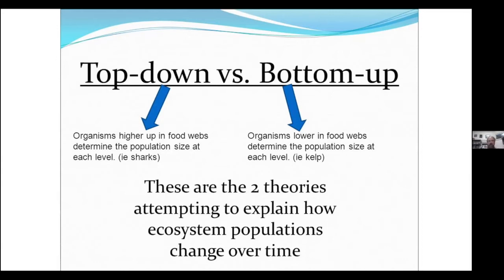Sea otters influence urchins. Urchins influence kelp. So if you remove killer whales from the system off the coast of California, then the kelp beds are going to go up. Or is it a bottom-up system, such as on the right, where kelp production is going to influence the numbers of the tertiary, top, or final predators?